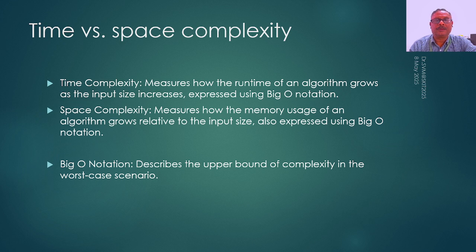So for example, if we are searching for a number in a list, the number may be at the first place, the number may be in the middle, the number may be at the end. So if we are searching a number in the list, then it all depends on the luck where exactly that number is. And the moment we get the number, we stop.